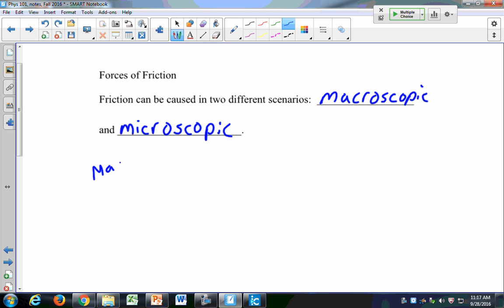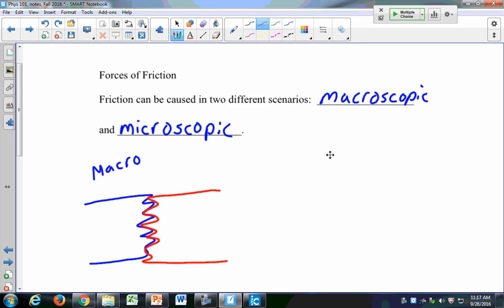Macroscopic, you can think of these two surfaces coming together. And the crags on the surfaces just physically bump up against one another. And that friction causes your motion to slow down. It resists the motion. Sometimes we call these resistive forces, and that's why.